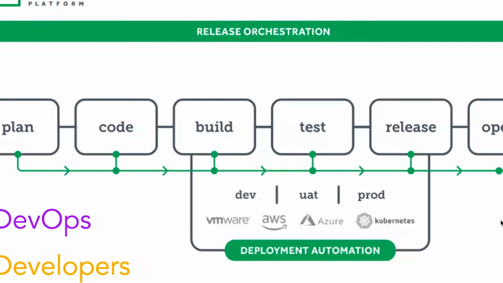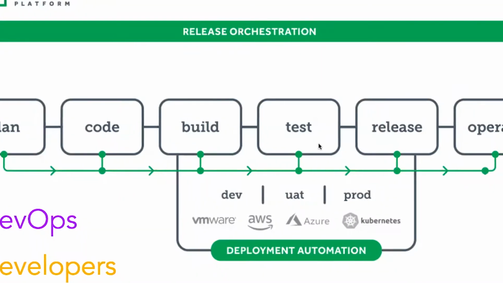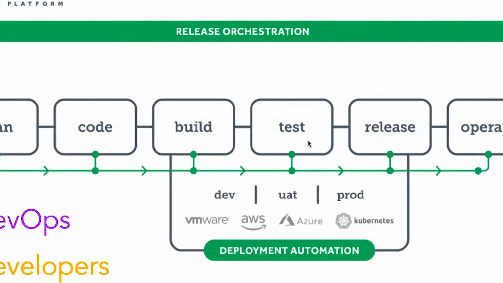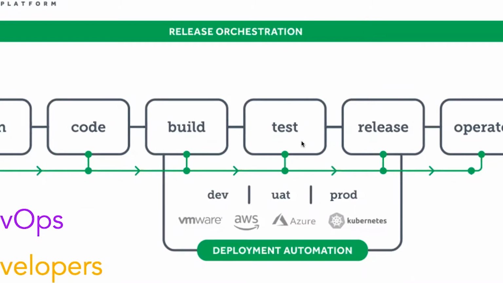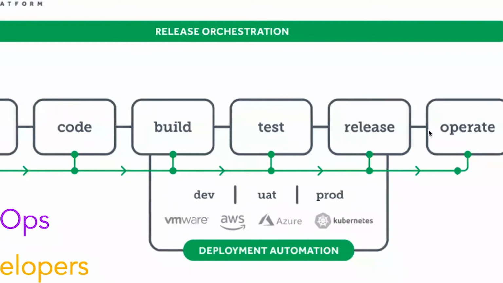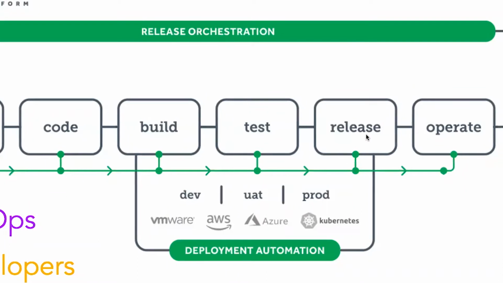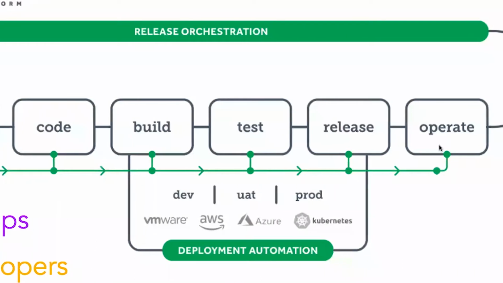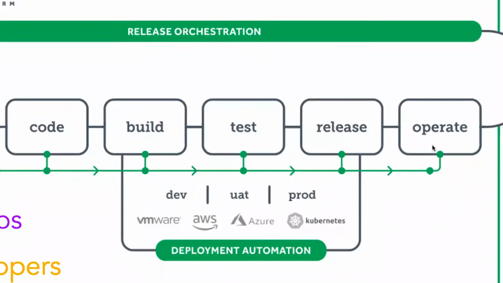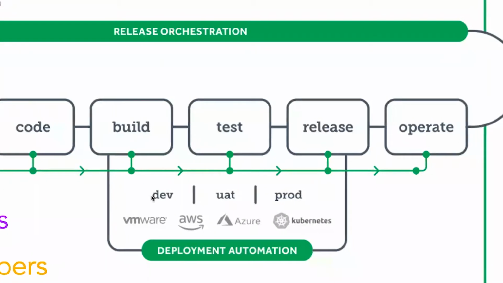With these tools, we need to test that code in order to make sure it is okay, that it does what it should do. Usually we have a release, which is actually deploying it to a live server, and then we operate in a post-release phase, and it all starts over again.